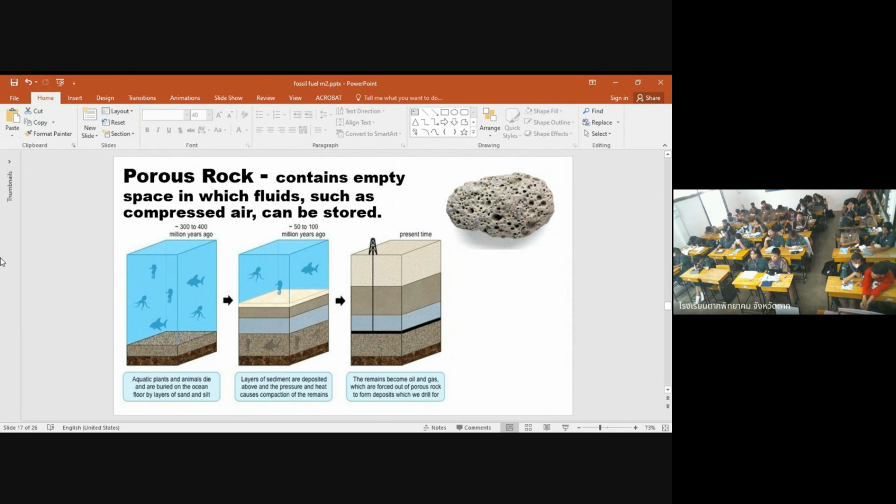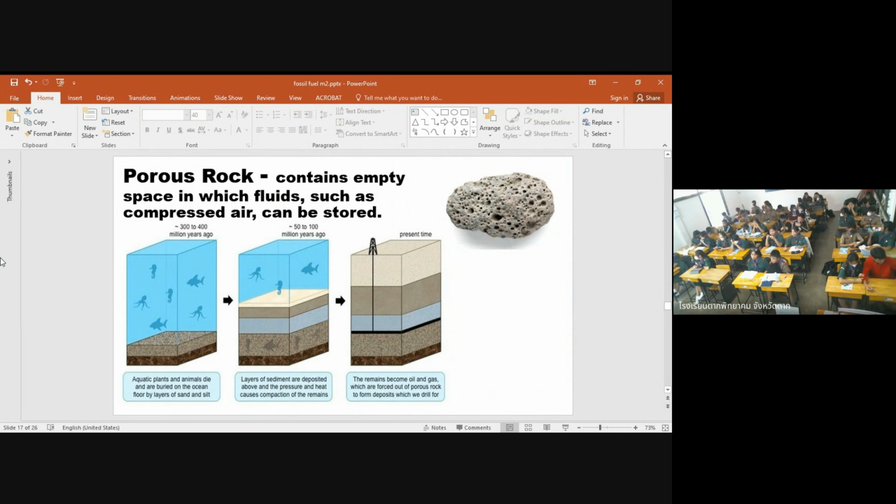Aquatic plants and animals died and were buried on the ocean floor by layers of sand and silt. Then, after 50 to 100 million years, layers of sediments were deposited above, and the pressure and heat caused compaction of the remains.